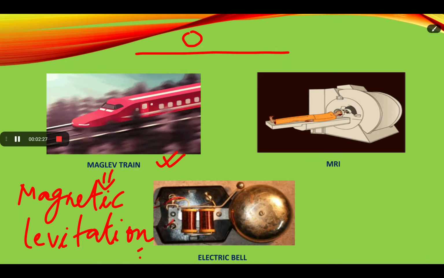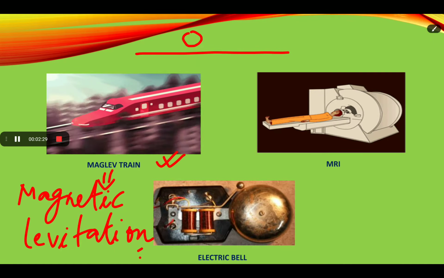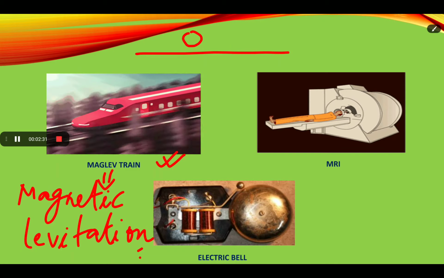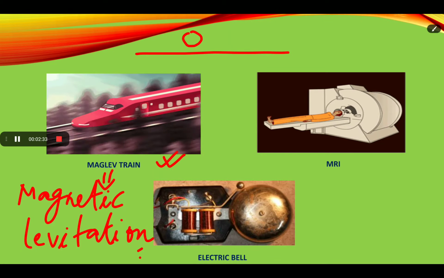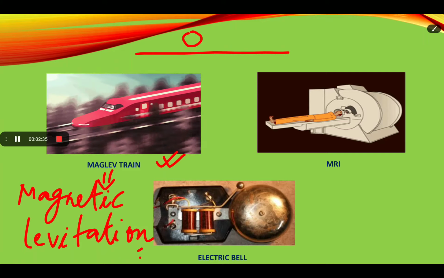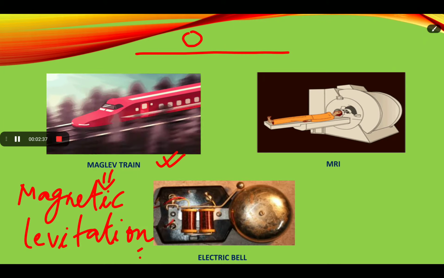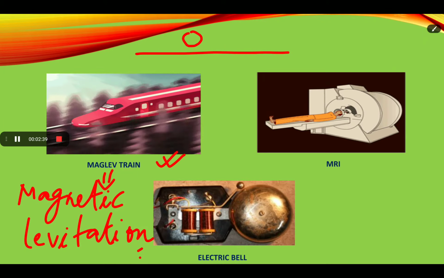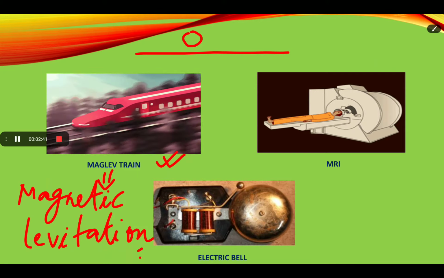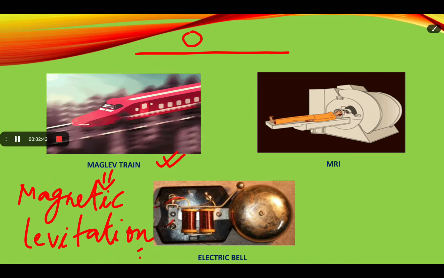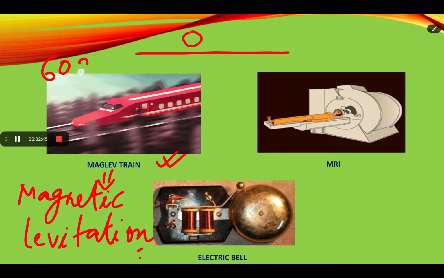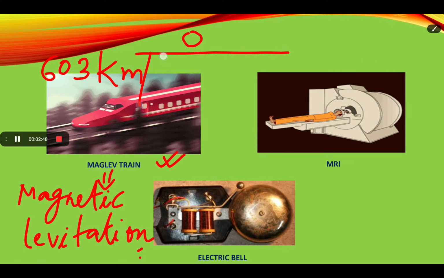When they are not in contact, there is no frictional force, so it can achieve greater speed. The train runs at a speed of 603 km per hour.